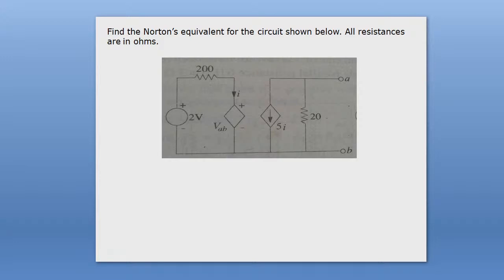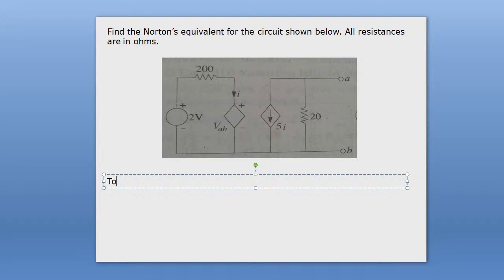To solve such type of problem where the given circuit consists of both independent and dependent sources, we will calculate open circuit voltage, short circuit current, and finally we will calculate Norton resistance. Let me repeat it.